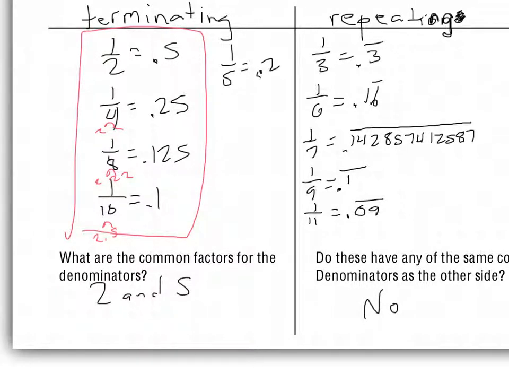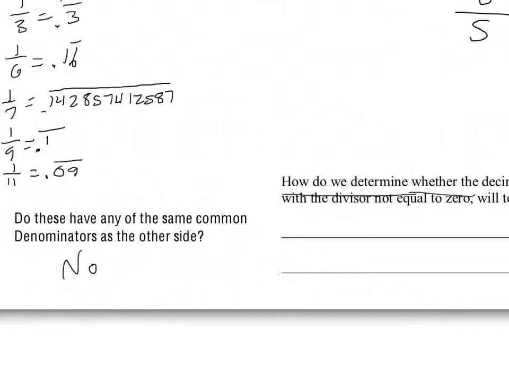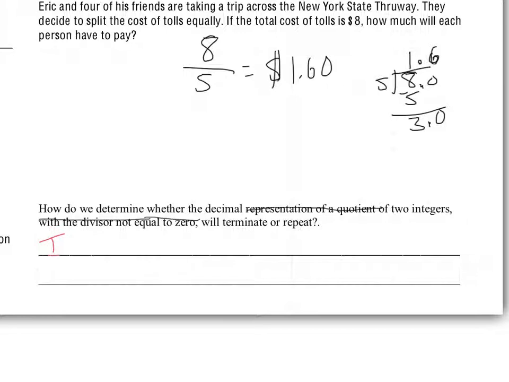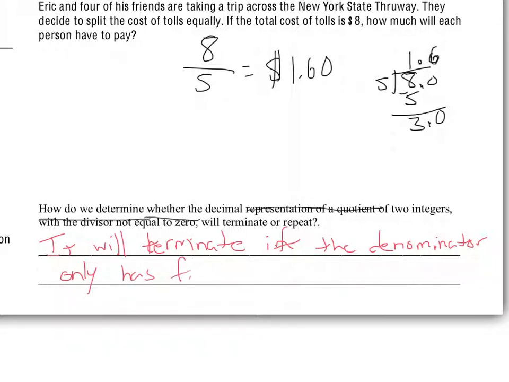Alright, so looking back over here, once again, we see the only ones that we have here that terminate have only factors of 2 and 5. So coming back over here, our rule, our understanding: it will terminate if the denominator only has factors of 2 and 5.